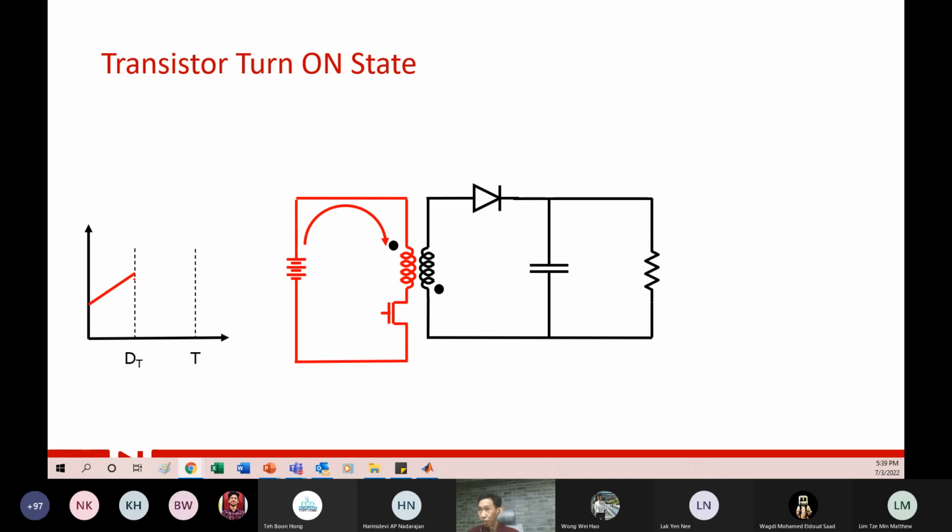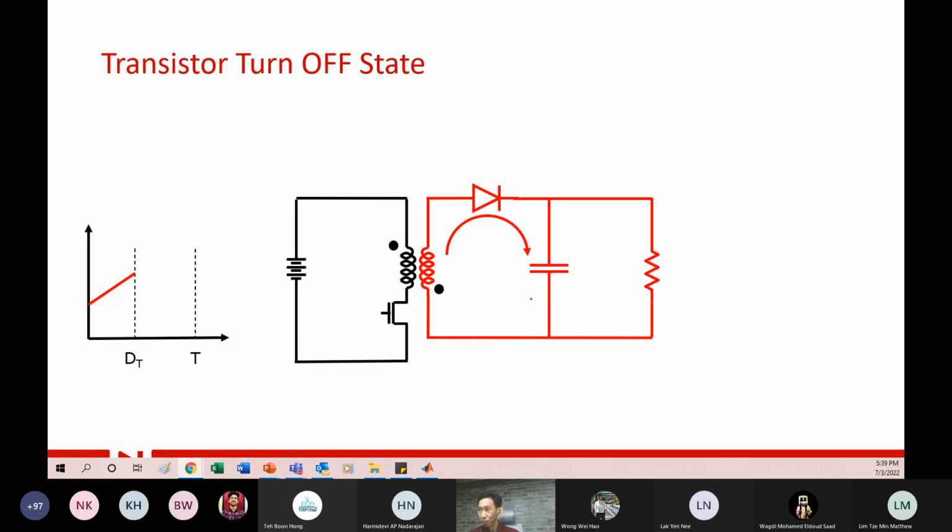A transformer cannot. Transformer, 250 in, 12 volt out. There is no energy stored. It just goes in and out immediately. But for a coupled inductor, there is energy stored. So it will charge, and then discharge.